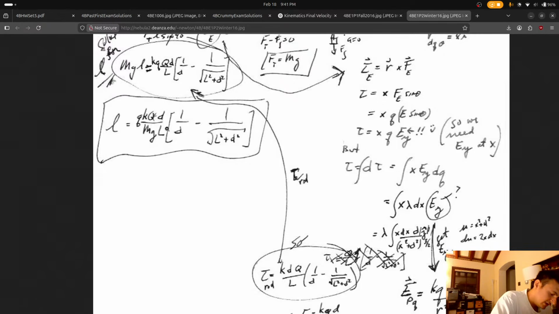But then EY times DQ is equal to KQD lambda. I should have noticed that there was never an integration variable and I just randomly introduced it. I think this just needs to be a lambda. Where did this D come from?